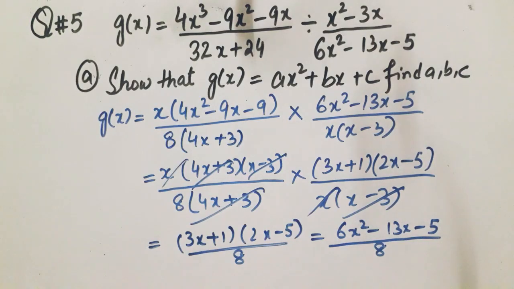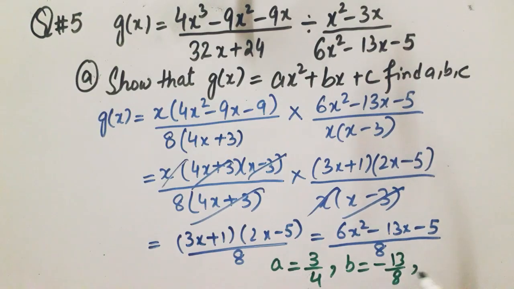So write the value of a, b and c. So a equal 3 by 4, b equal minus 13 by 8, and c equal minus 5 by 8. So this will be the answer.